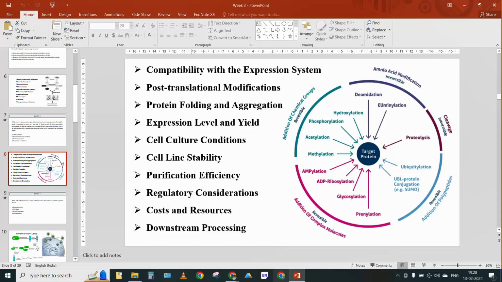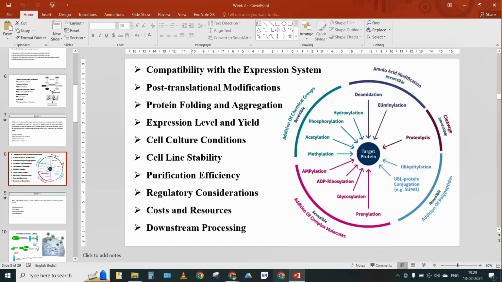Some common post-translational modifications include phosphorylation, glycosylation, acetylation, methylation, and disulfide bond formation. These modifications contribute to the folding and structural integrity of the protein, influencing the biological activity and half-life.